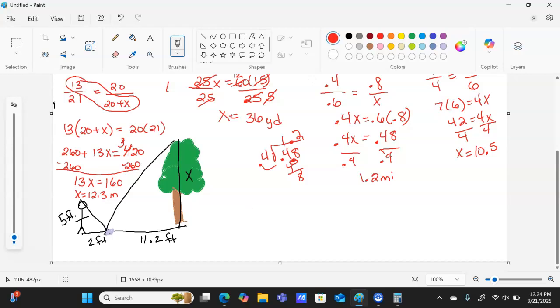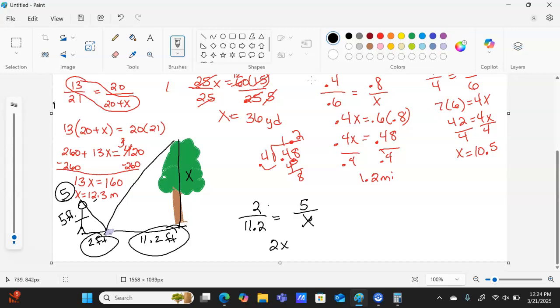And then on our final one, this is number 5, where they're measuring the shadow of the tree and the shadow of the person, or that light bouncing off of the mirror. So the 2 and the 11.2 go together, and the 5 goes with my unknown x.